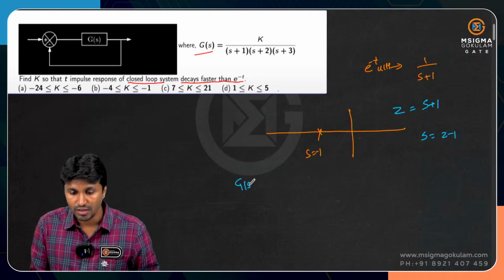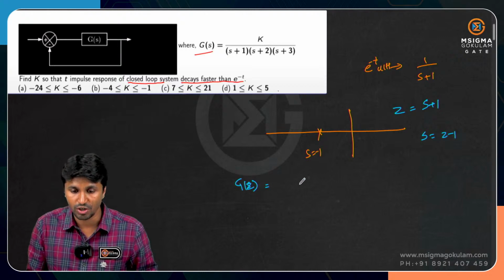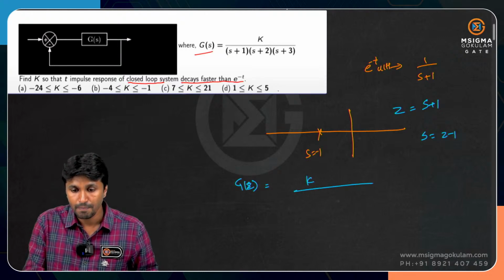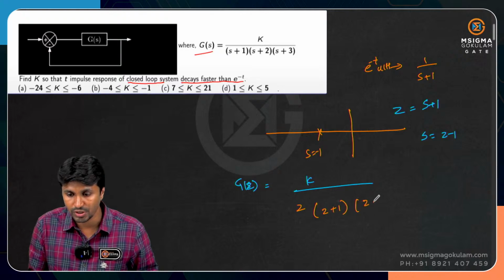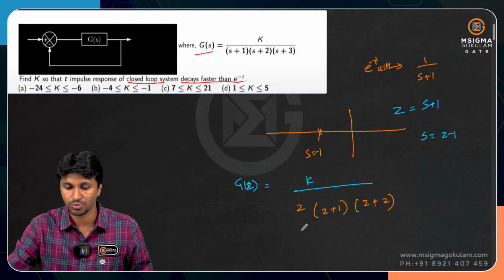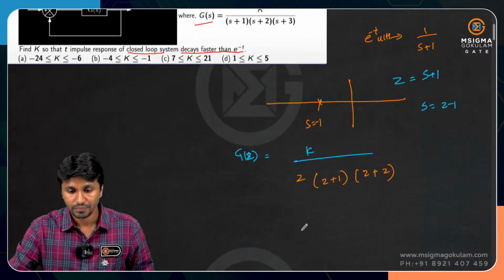So G of s is now replaced with G of z. Therefore K by z, since s plus 1 is simply z, and s is replaced with z minus 1, so z plus 1 into z plus 2.